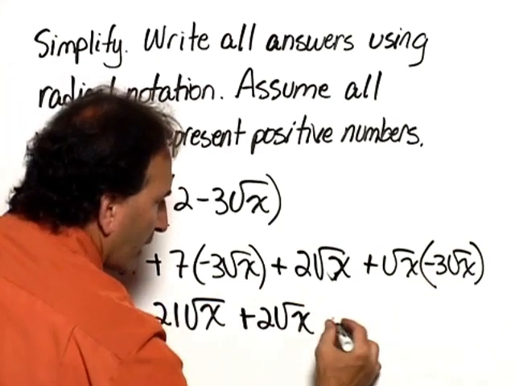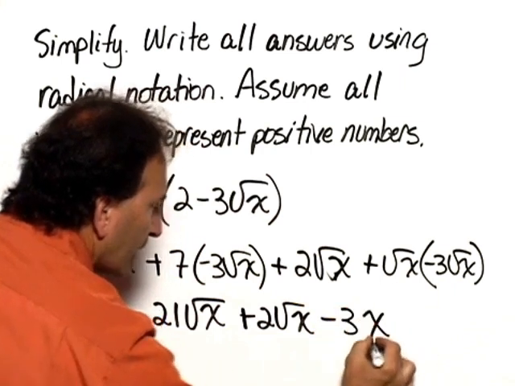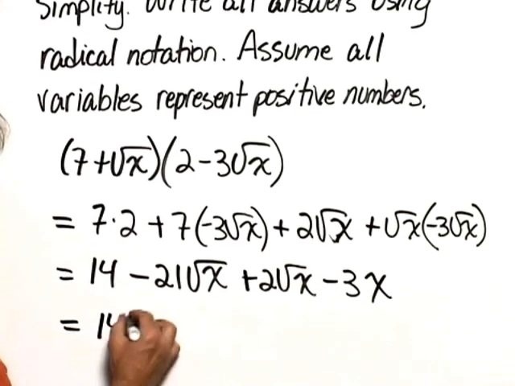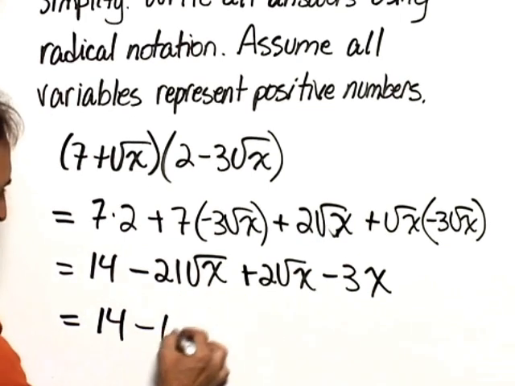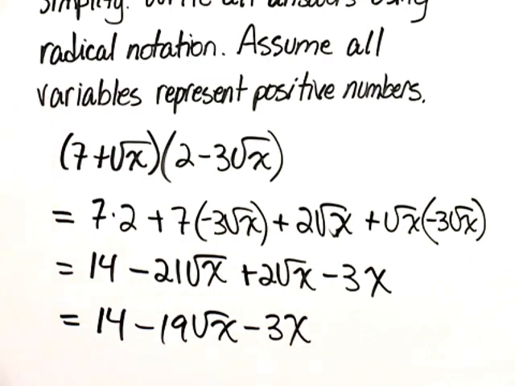And the square root of x squared is x, so we have negative 3 times x. We can combine these middle two terms, and so we would have 14 minus 19 square roots of x minus 3x.